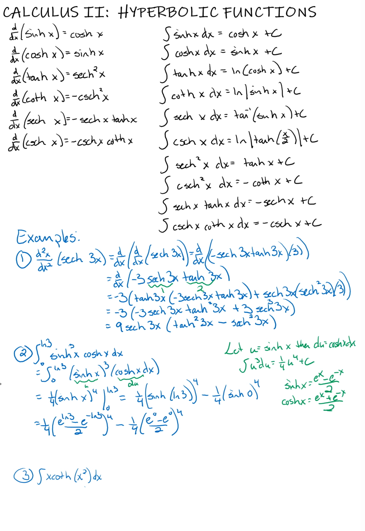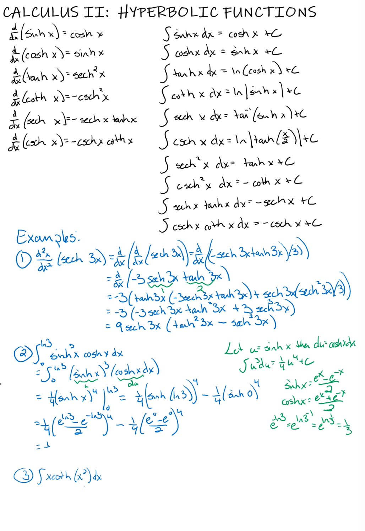Using properties of natural logs, that's e to the natural log of 3 to the negative 1. But 3 to the negative 1 is 1/3. So we have e to the natural log of 1/3. E to the x and natural log of x are inverse functions, so we just simply get 1/3 on that. Isn't this fun?